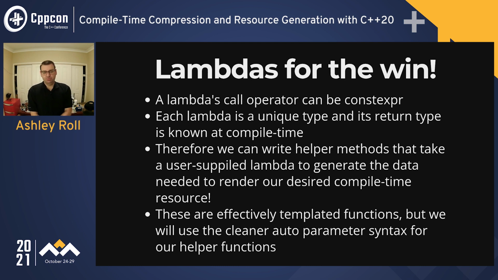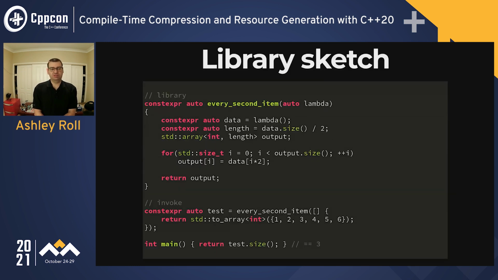Now, when we do this, I'm going to be using the auto parameter syntax, but effectively these things are templated functions; it's just a little bit easier to read, I find. So, an example of how a library might look. Let's make a library function that takes some values and returns an array of every second one.